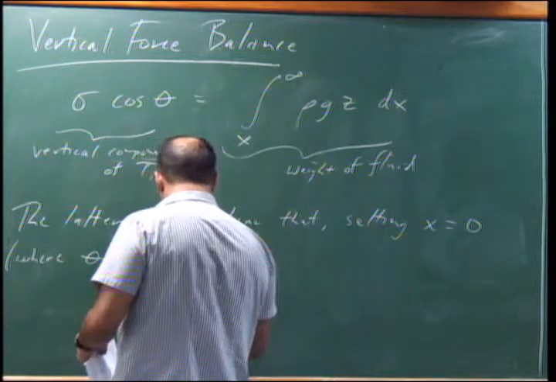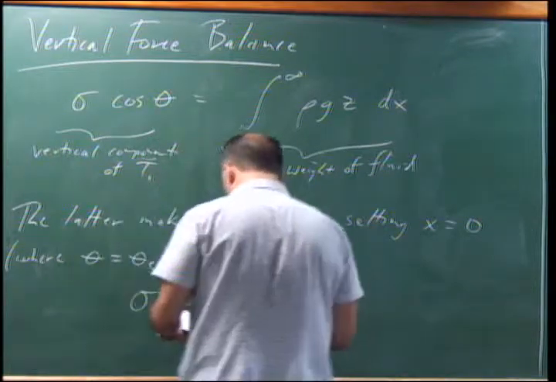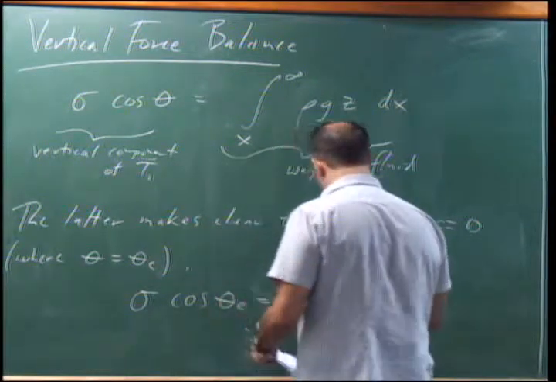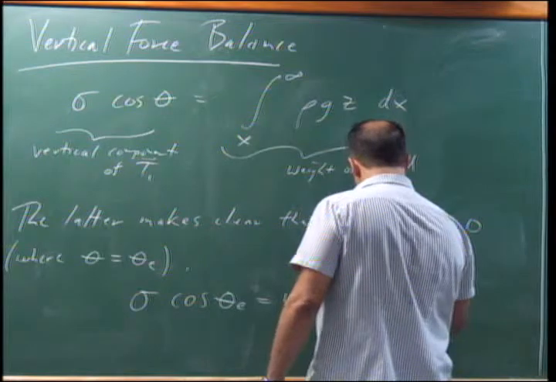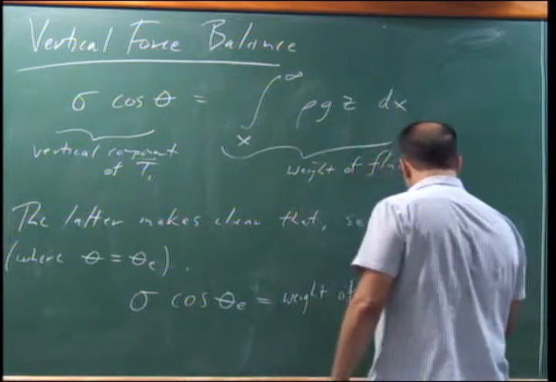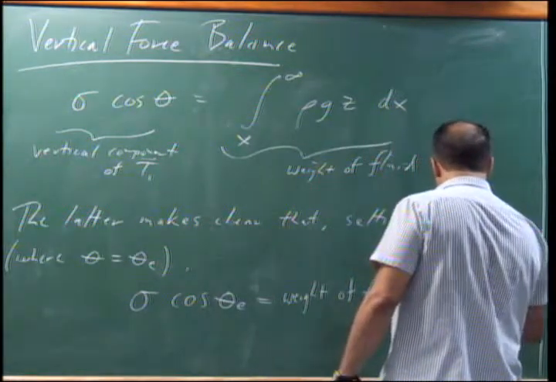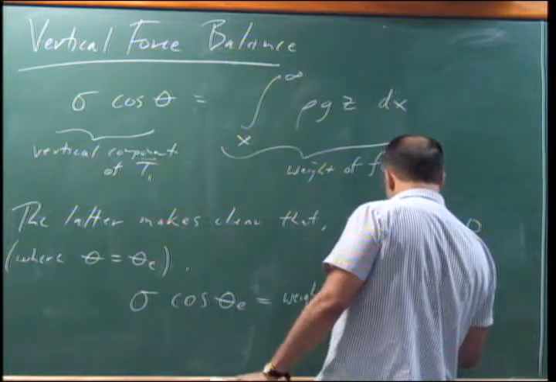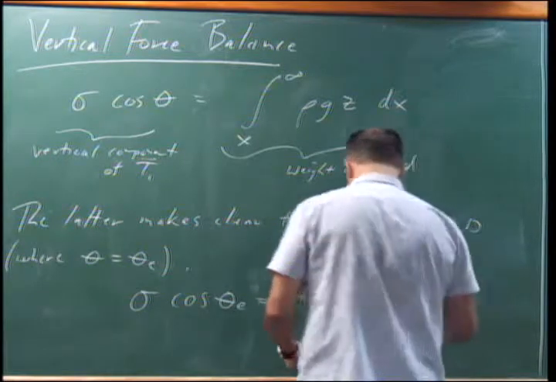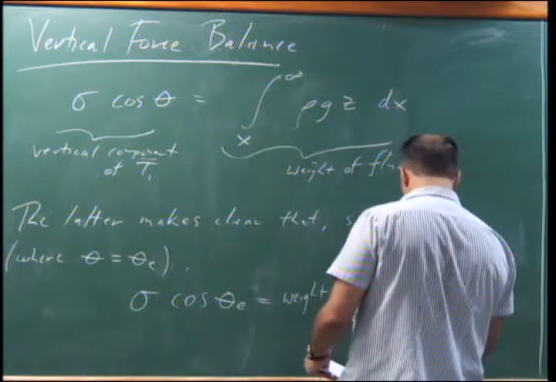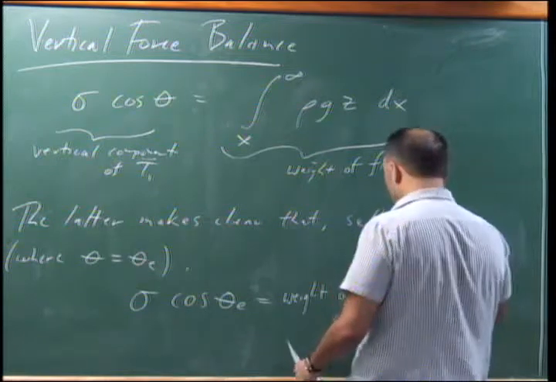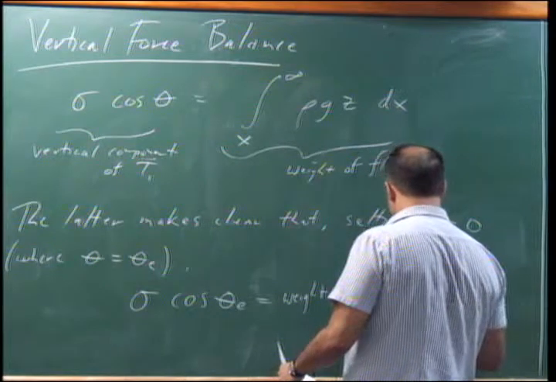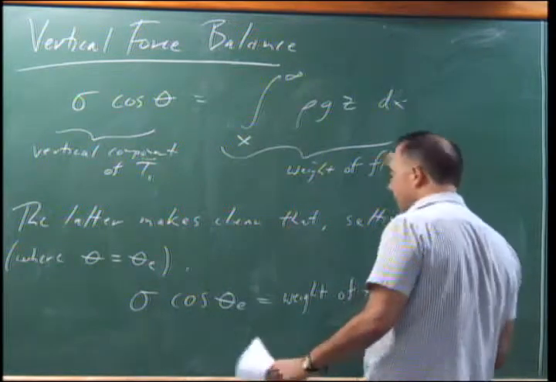So sigma cos theta E is equal to the total weight of the meniscus, the water displaced in the meniscus.